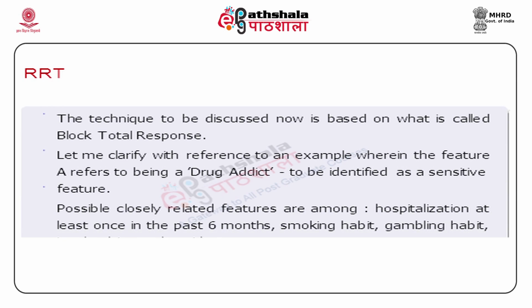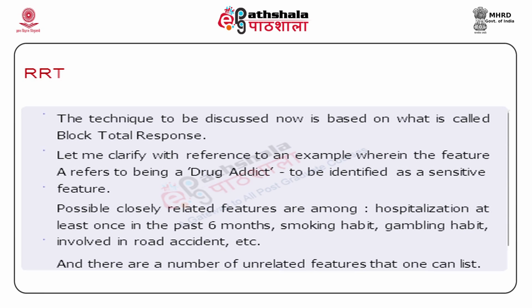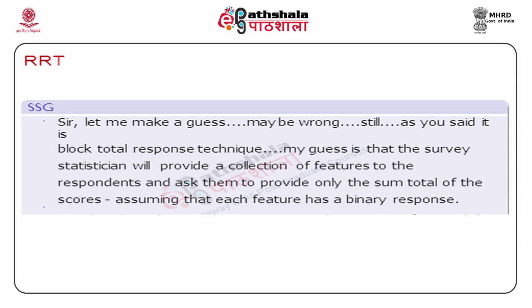So, possibly closely related features are hospitalization at least once in the last 6 months, smoking habit, gambling habit, involvement in a road accident, which are likely to be less sensitive than directly hitting on drug addiction. So, these are the related questions which will lead towards the drug addict setup. And there are a number of unrelated features that one can list. So let me make a guess, maybe wrong still, as you've said it is the block total response technique.